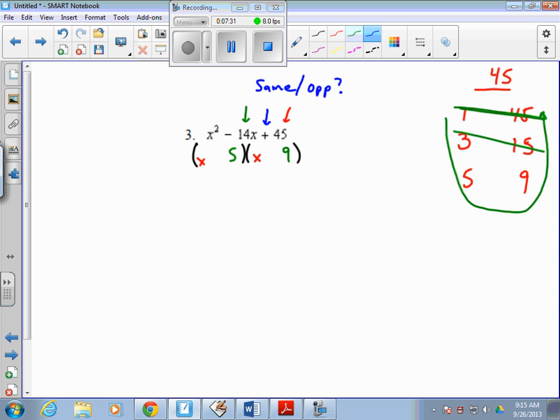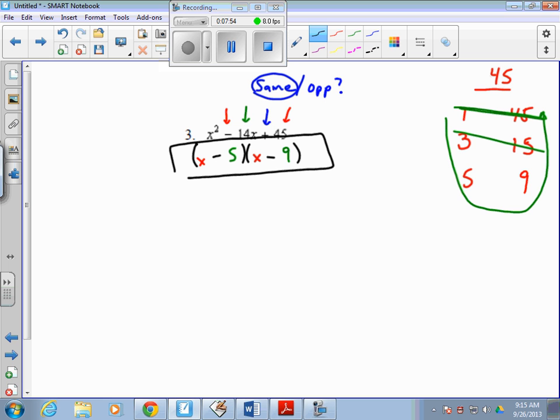If it's positive, then they're the same. So both of them are either going to be negative or both of them are going to be positive. You look to the last sign that's negative. They're both the same. That one tells you they're both negative. So x minus 5 times x minus 9 is the correct answer for factoring it out.